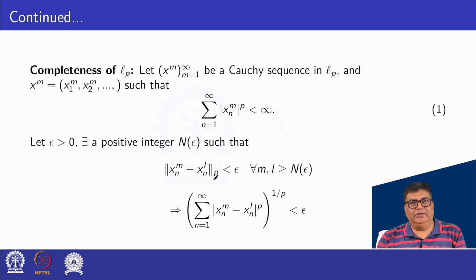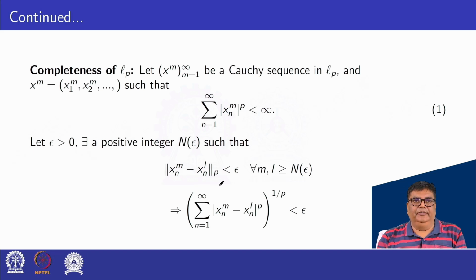So as per the definition of a Cauchy sequence, let epsilon be greater than 0; there exists a positive integer N depending on epsilon, such that the norm of xm minus xl under the pth norm is less than epsilon for m, l greater than or equal to N(epsilon).